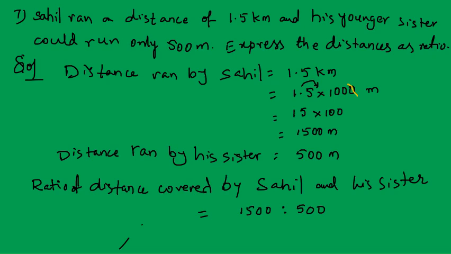Cancel the two zeros here, and in the 5 table 3 5s are 15, 1 5 is 5. So the answer is 3 is to 1. This depends upon our statement. If you write the statement as distances covered by his sister and Sahil, then your answer would be 1 is to 3. This is sum number 7.